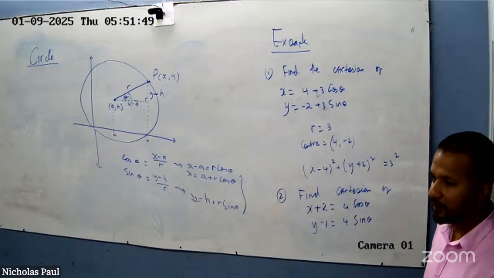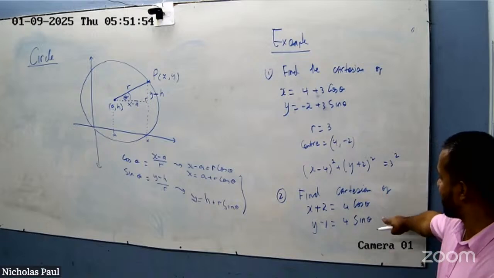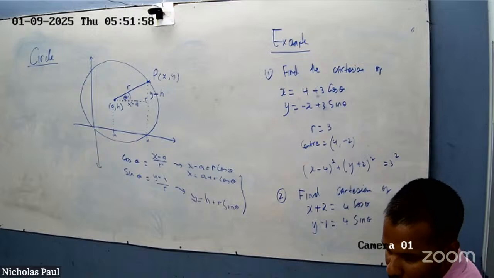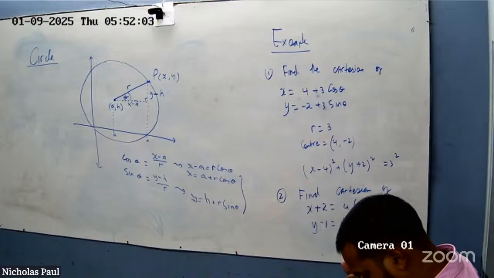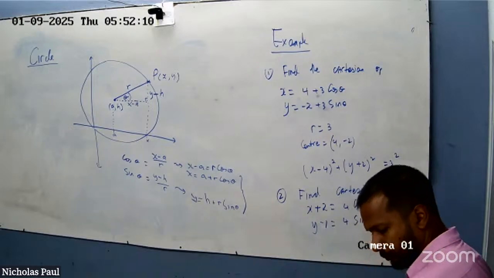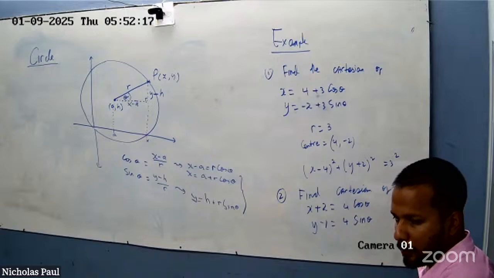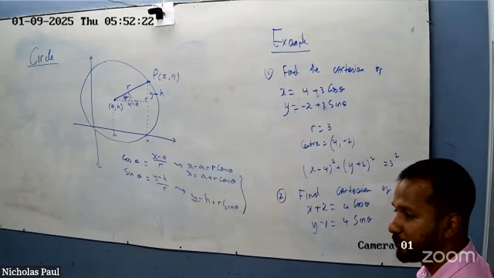Please remember to make x the subject before you start working it out. We find the Cartesian of that too. When you get the center and the radius, find the Cartesian.